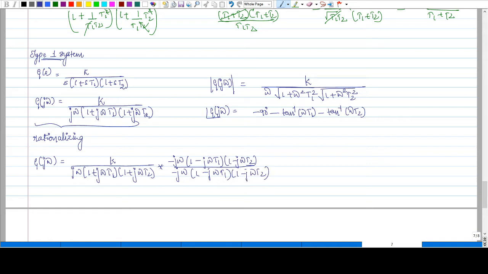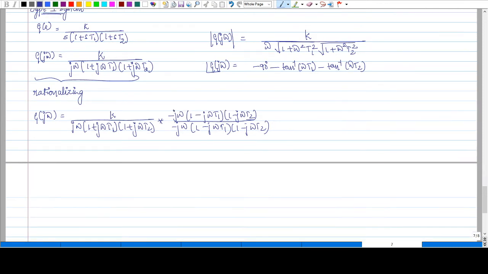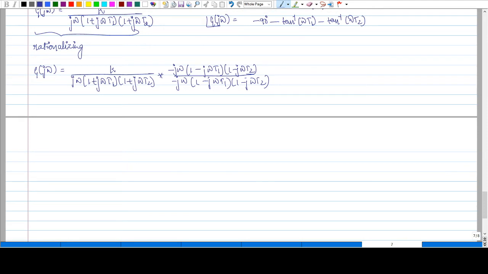So you need to simplify this function and then we can separate the real and imaginary part. The entire calculation is given in the notes. I straight away write the real and imaginary part to save time.